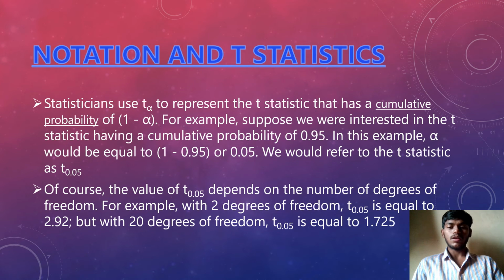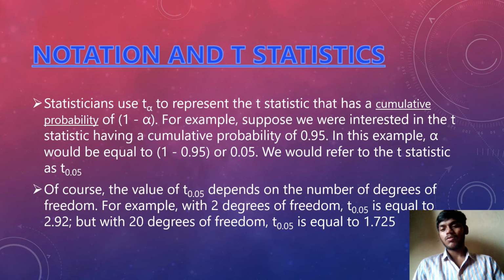Notation and t-statistics. Statisticians use t alpha to represent the t-statistic that has a cumulative probability of 1 minus alpha. For example, suppose we were interested in the t-statistic having a cumulative probability of 0.95. In this example, alpha would be equal to 1 minus 0.95, or 0.05.